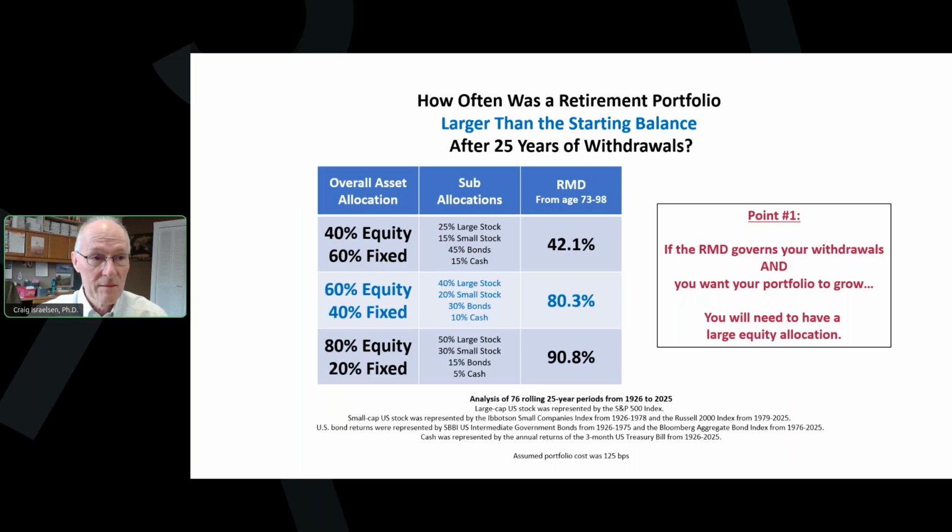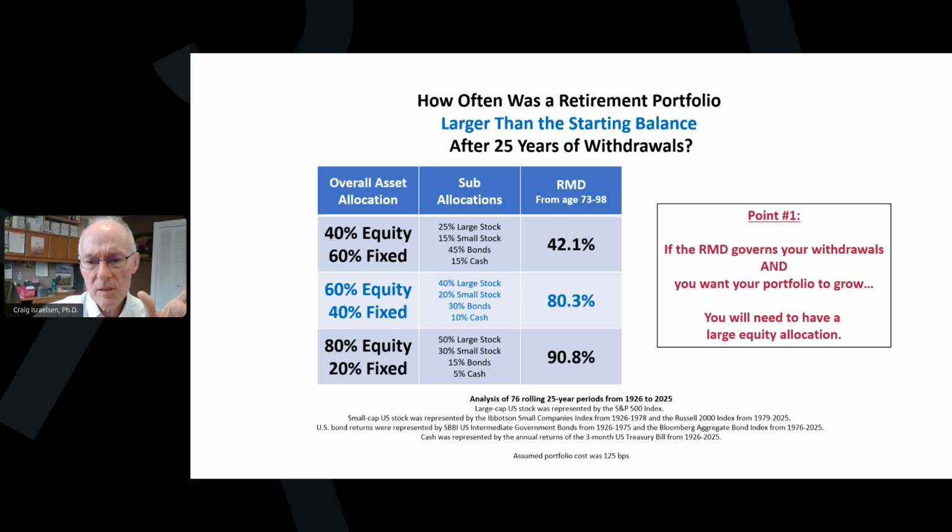I certainly have the capacity to be a smart aleck, but the idea here is that I'm trying to acknowledge that some people may want to liquidate it. They want to spend it all. And that's up to them. In this case, I'm making an assumption that you do actually want it to grow for legacy purposes, for whatever.